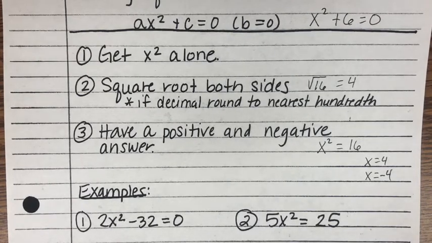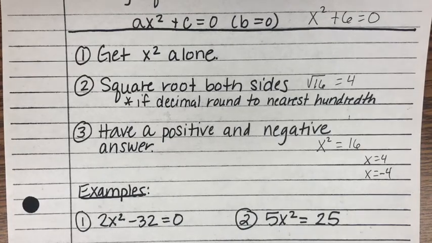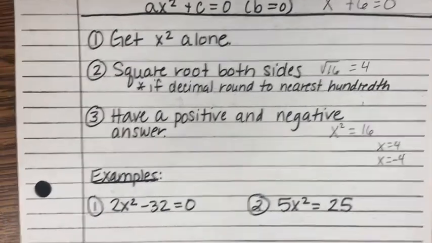So there's actually two solutions. When we take the square root in an equation, I have to take both the positive square root and the negative square root. All right? So we're going to hop into some examples.